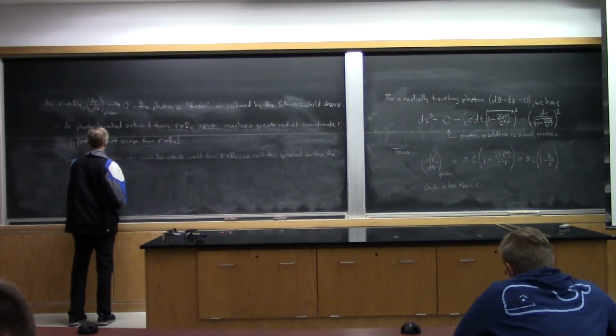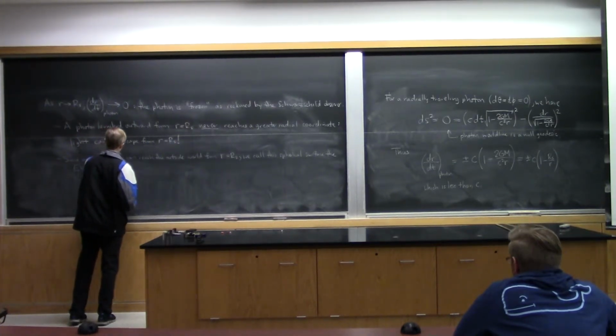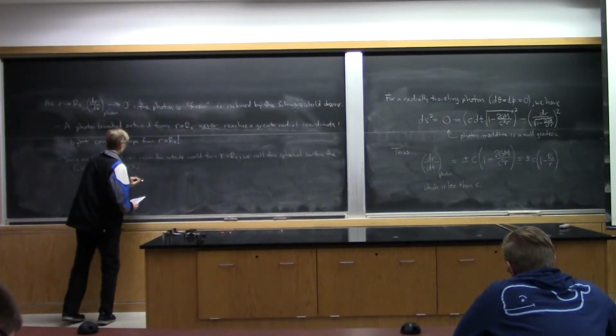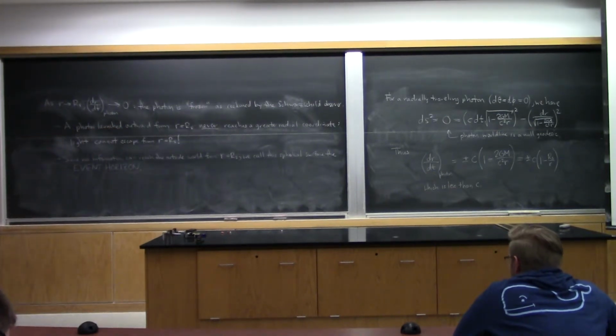You've heard that term before. So in other words, the Schwarzschild radius is the radial coordinate of the event horizon.